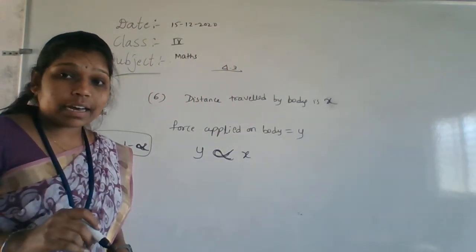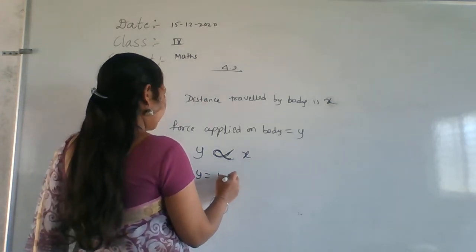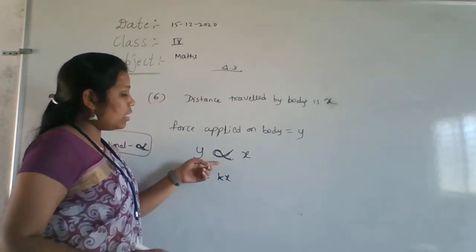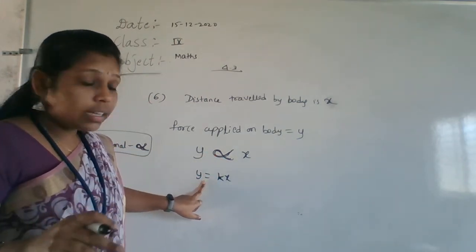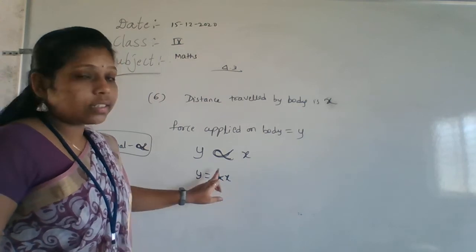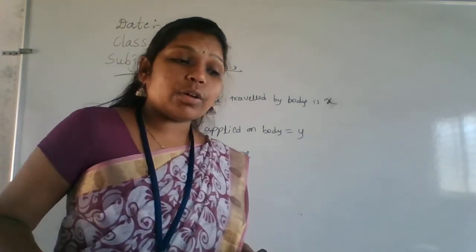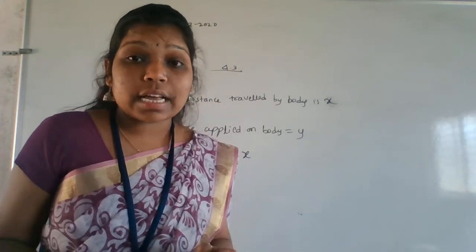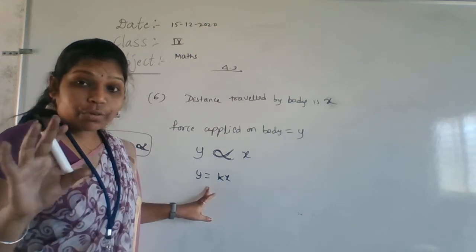So to equate, you have to take some value. If y is proportional to x, we take y equal to kx. Here proportional is there. When we are making an equal sign, then you have to take one constant value with x here. See here, 5.